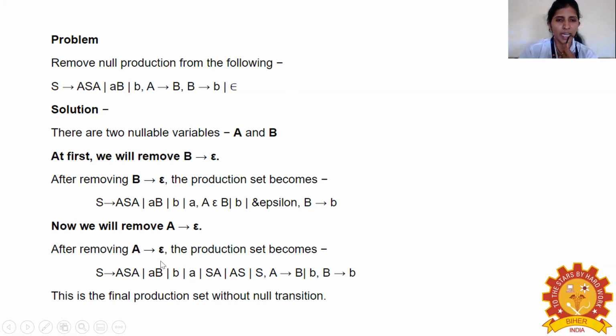After removing A to epsilon, the production set becomes S to ASA, AB, or B or A. Removing the first A we get SA, removing the second A we get AS, and removing both A's we get S. This is how the production rule becomes. Then A to B or B to B. So this is the final production set without the null transition.